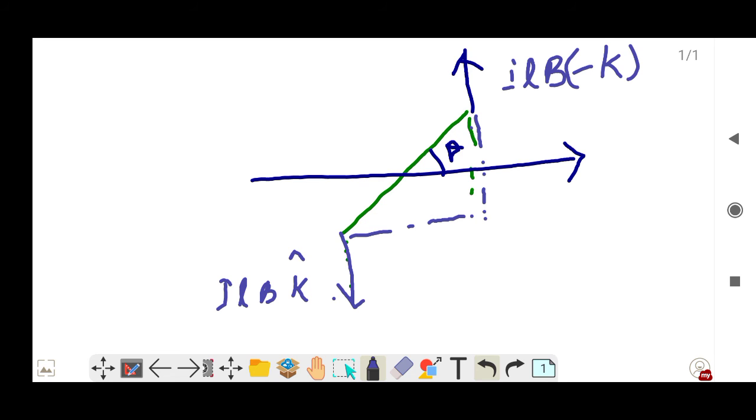If you want to see the separation between them, say this is the breadth, and this is theta, so the separation will be b cos theta.